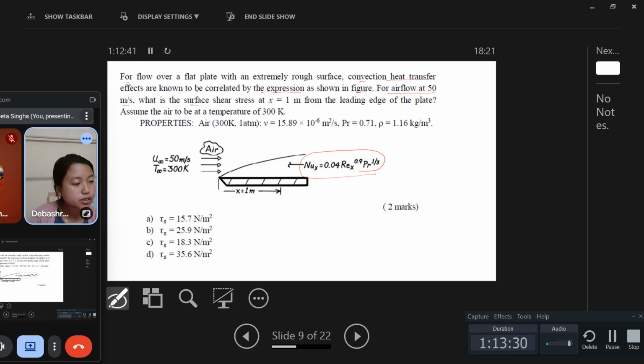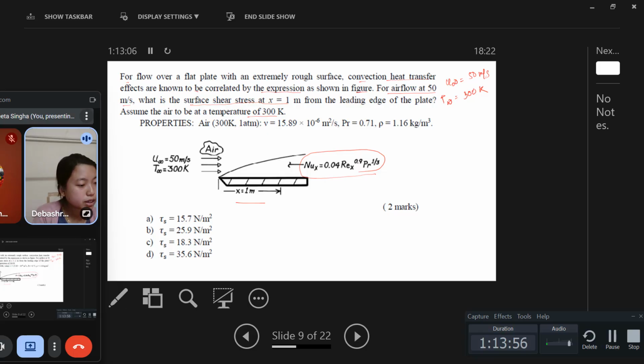What is the surface shear stress at x equal to 1 meter from the leading edge of the plate? So U infinity is given 50 meter per second. Then x is, I mean the length is given as 1 meter. Then the temperature T infinity is also given. Air temperature is given 300 Kelvin.